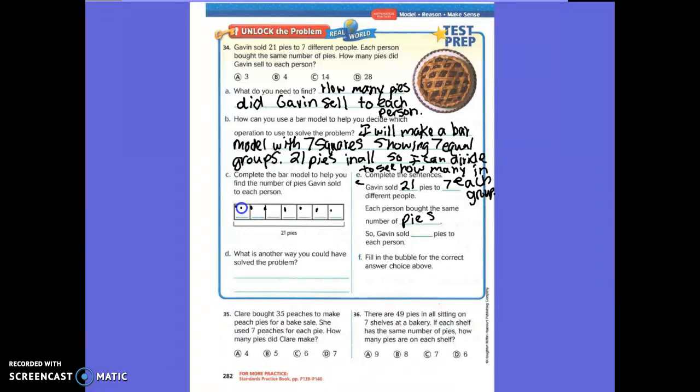Let's keep going. 8, 9, 10, 11, 12, 13, 14, 15, 16, 17, 18, 19, 20, 21. Okay, so how many did each person buy? 3. So you need the number 3 in each of these. So Gavin sold how many pies to each person? 3. Okay, hold on. Fill in the bubble at the top right now.